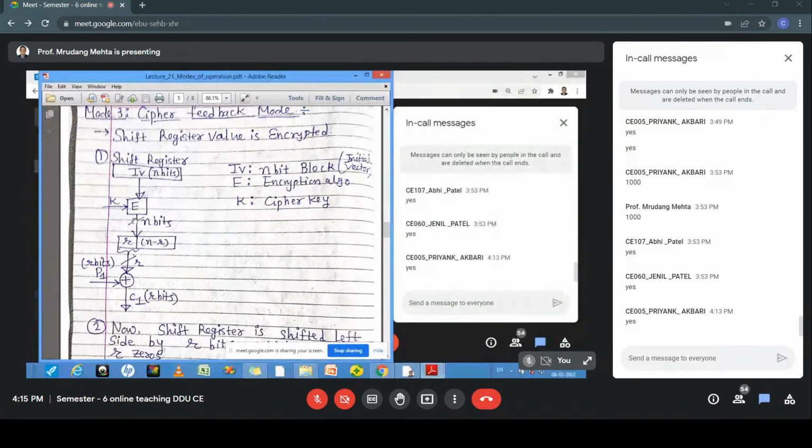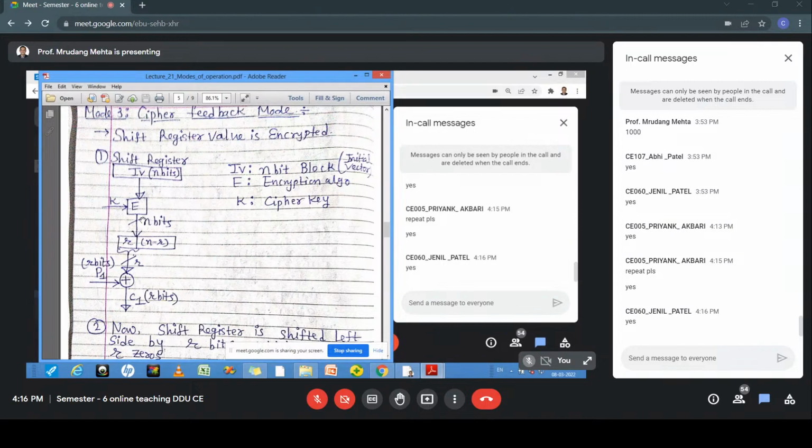Please type in the chat box. See, instead of plain text, we are taking an initial vector of size n bits, and the key is also n bits. We apply the encryption algorithm, and that generates n bits of encrypted bits. But this is not our plain text. This is the shift register. Understood?